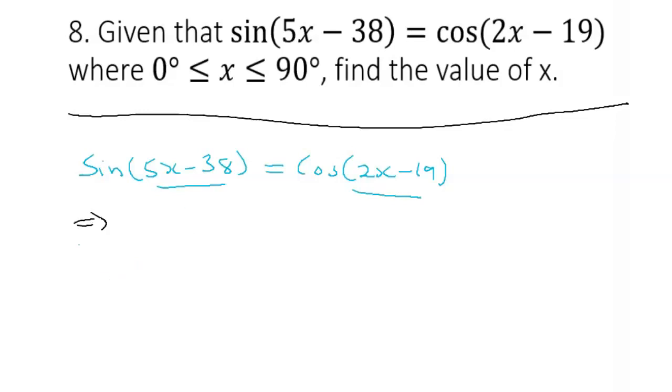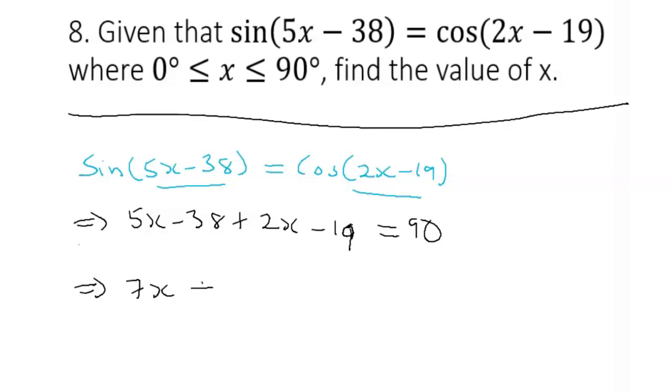This implies that 5x minus 38 plus 2x minus 19 is equal to 90. Then we simplify. 5x plus 2x is 7x, and minus 38 minus 19 is minus 57, equal to 90. We want to find x, so we have to move this one to the right hand side.